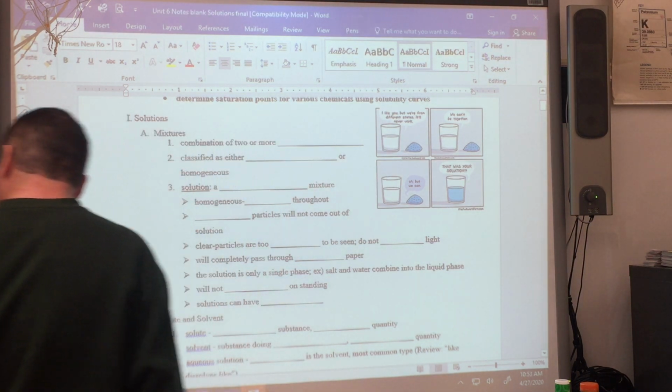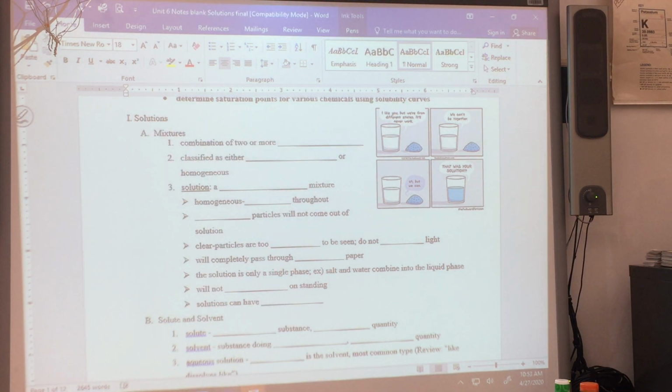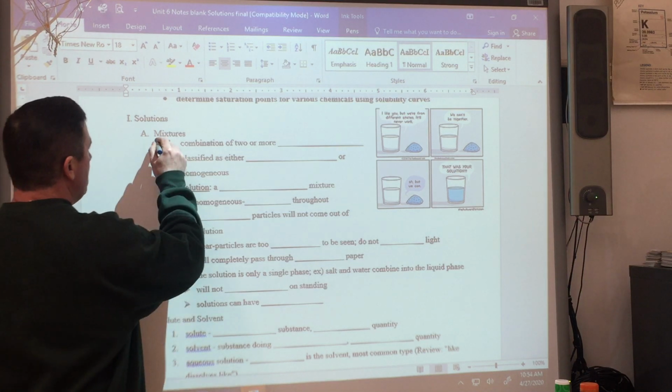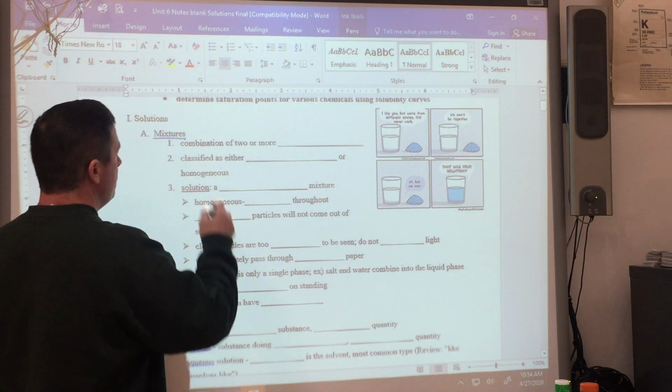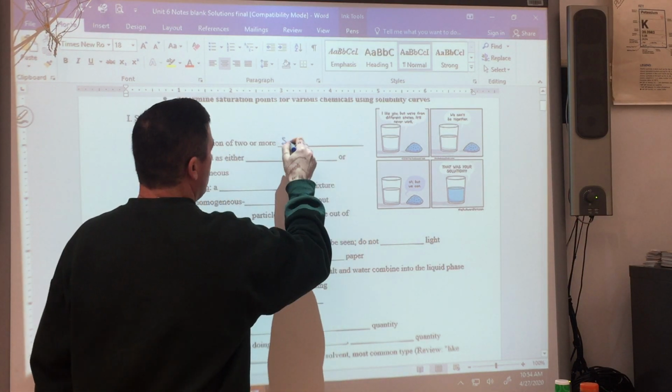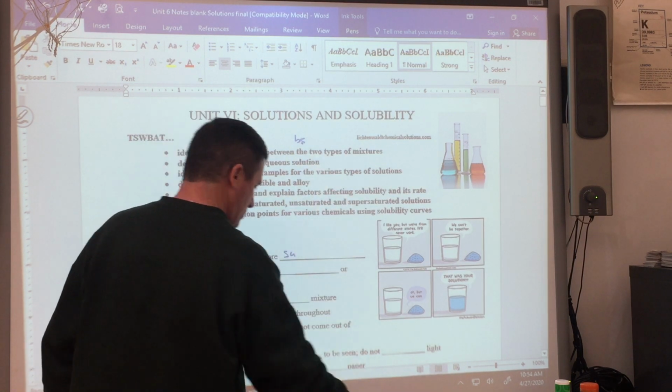So what do we have? We've got some distinctions that we need to make between solutions and mixtures. A mixture is a combination of 2 or more substances.